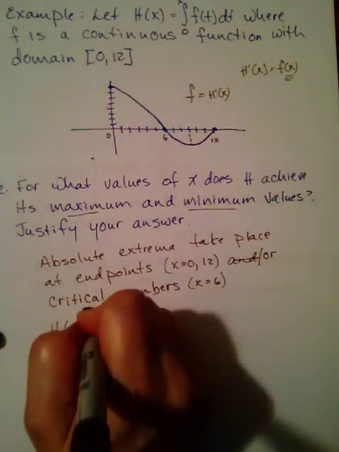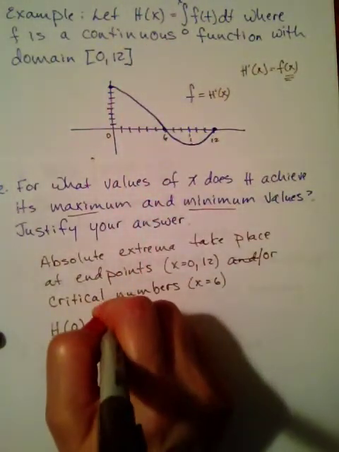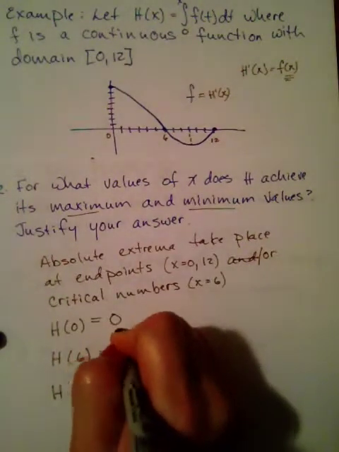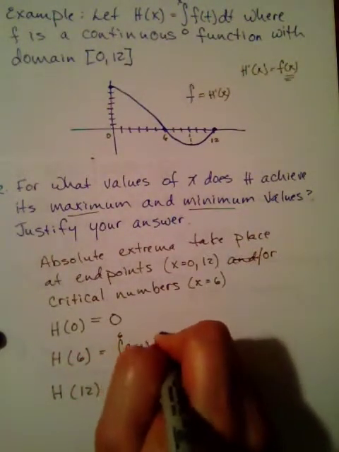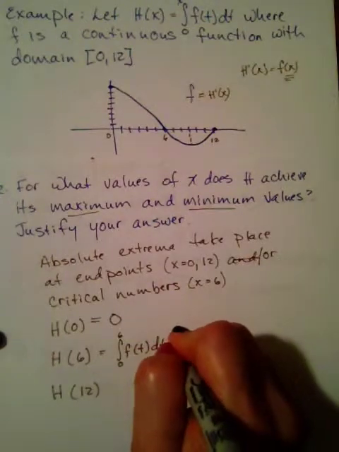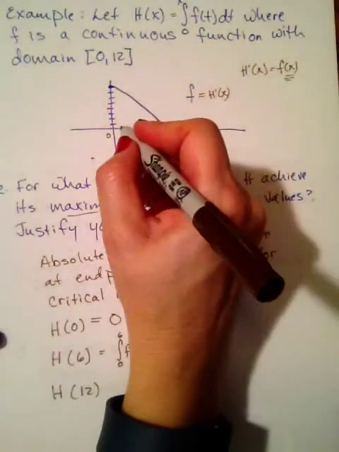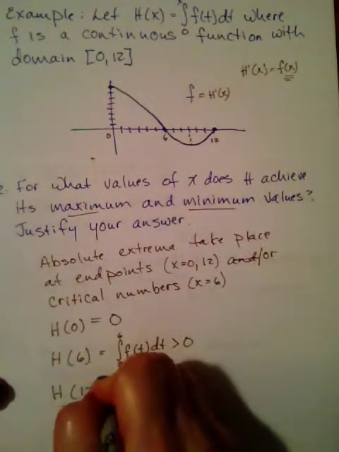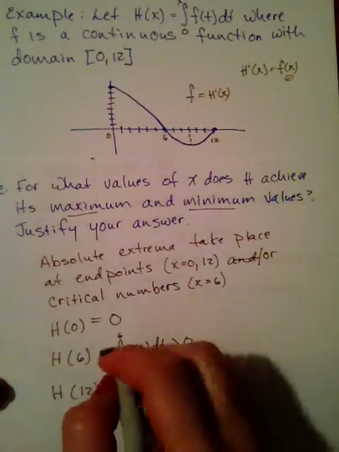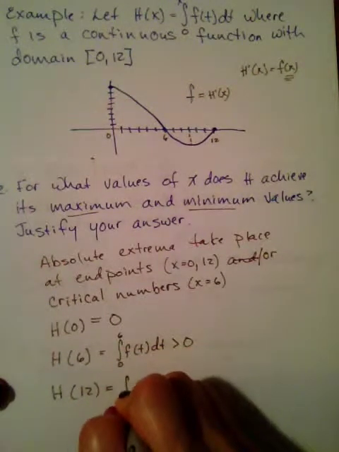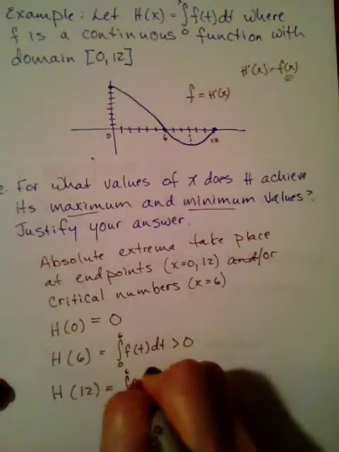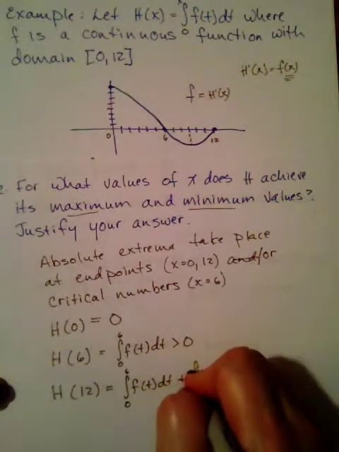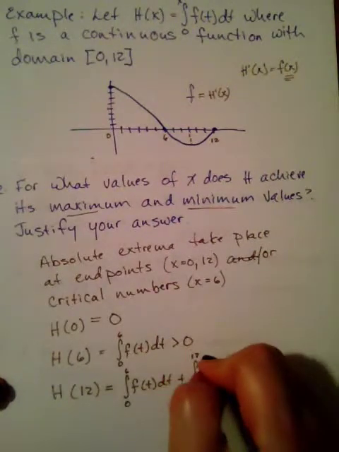Well, we know what h of 0 is actually equal to. It's the integral from 0 to 0, so that's 0. Now, I know that h of 6 equals the integral from 0 to 6 of f of t dt. And I know that that is greater than 0 because the graph was increasing from 0 to 6. So, h of 12 equals the integral from 0 to 6 of f of t dt plus the integral from 6 to 12 of f of t dt.